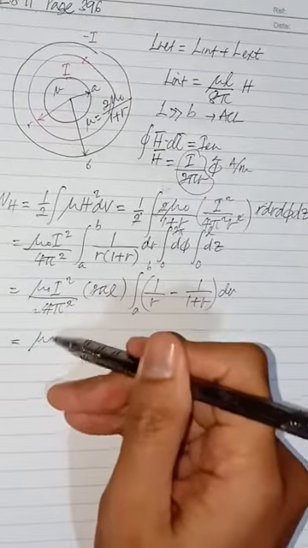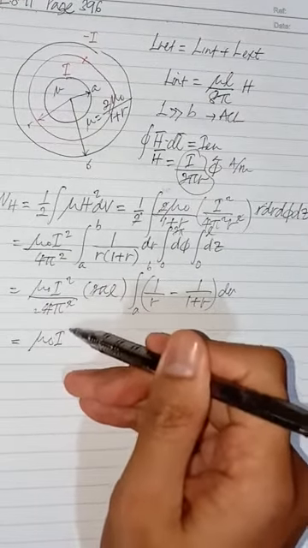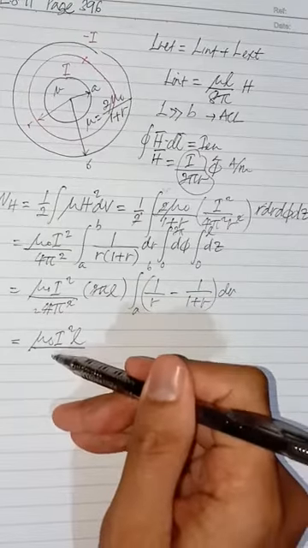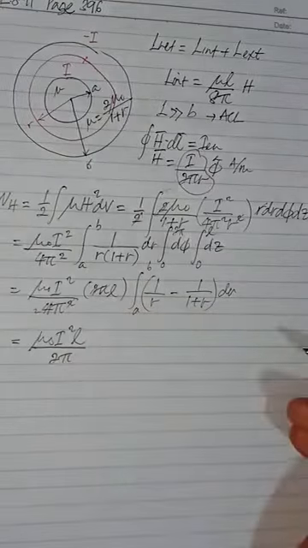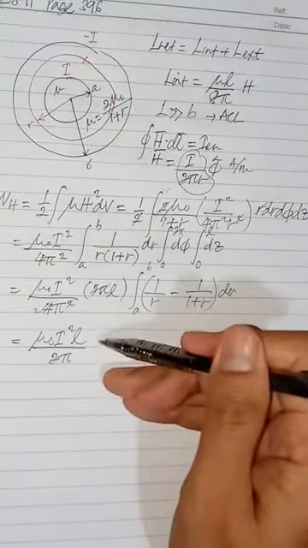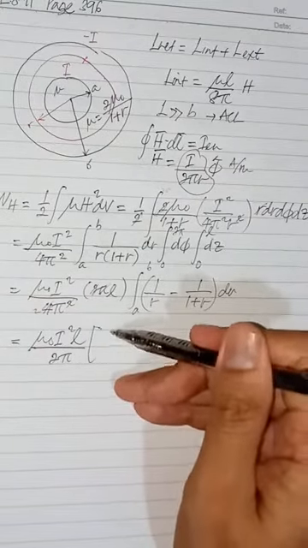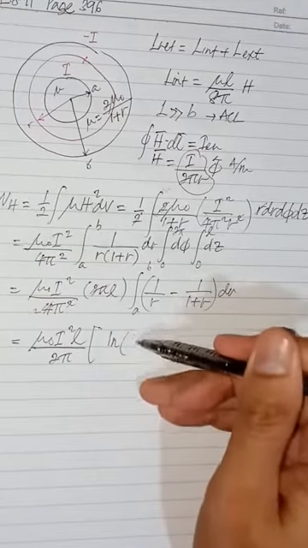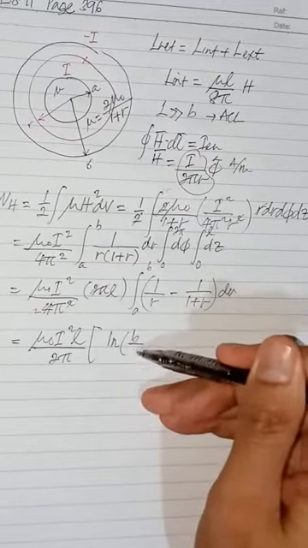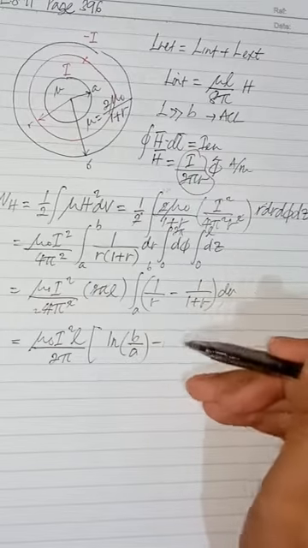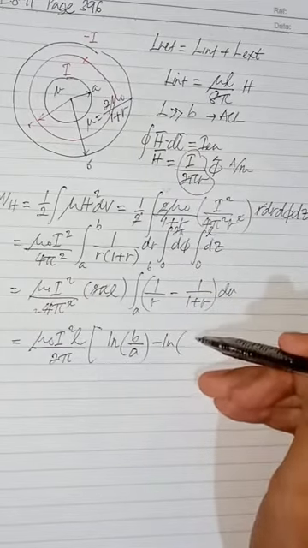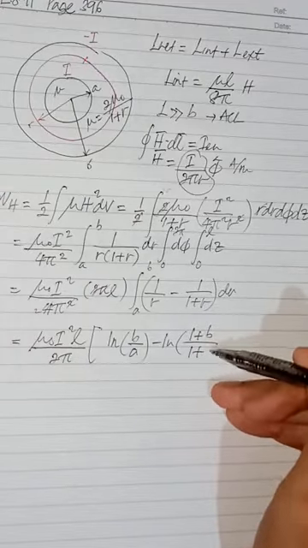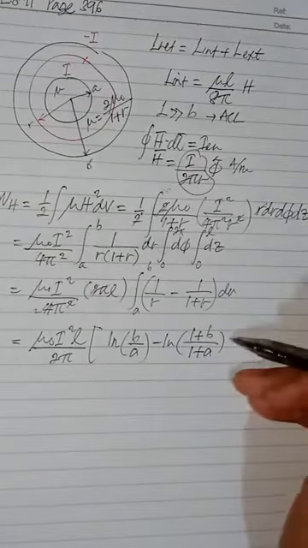We have here mu naught I squared L over 2 pi. Then guys, now I'm going to have here ln B over A plus ln 1 plus B over 1 plus A.